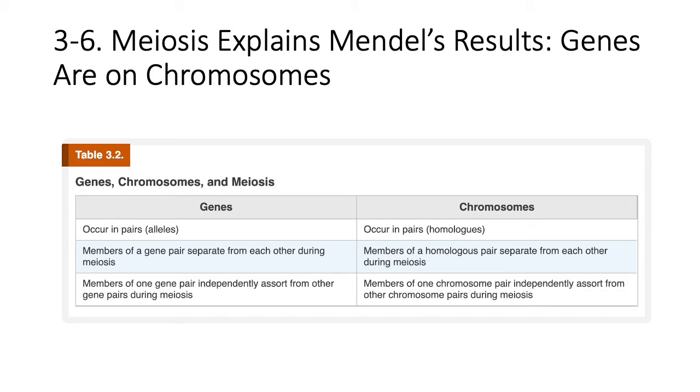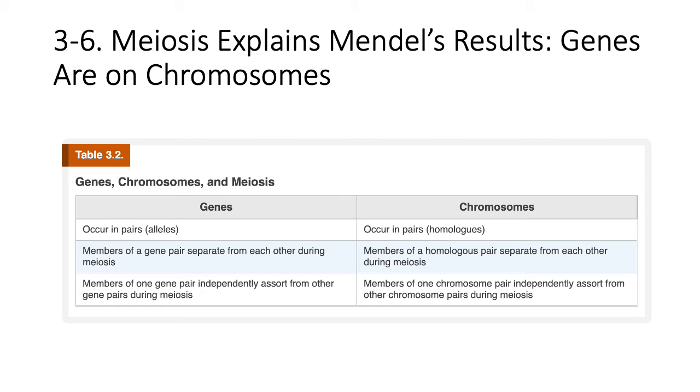It can only inherit one trait from one parent and another trait from another parent. And that's similar to chromosomes. So chromosomes, when they're passed on, only one chromosome can be passed on to the offspring, not both. And so, for example, I have my chromosomes because I have one set from my mom and the other set from my dad. And so that means they each can only pass on one trait to me.